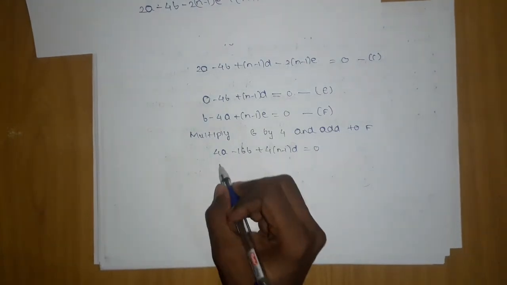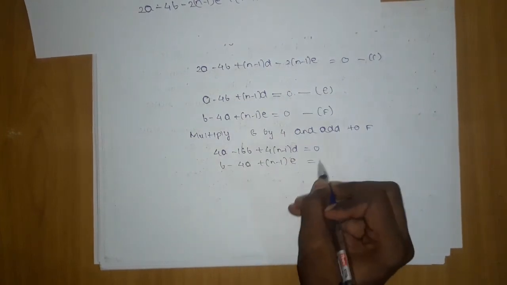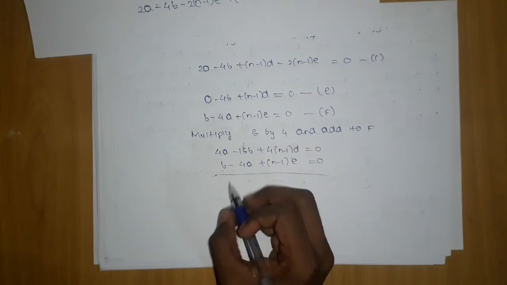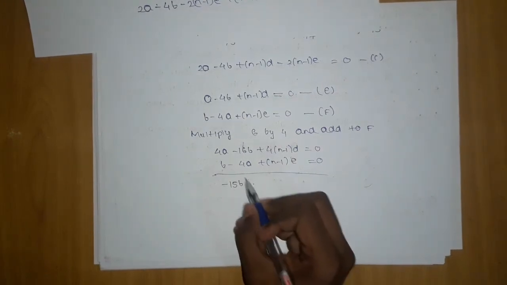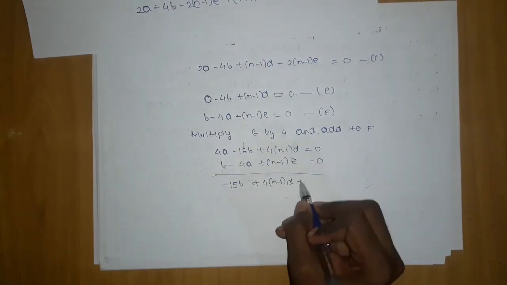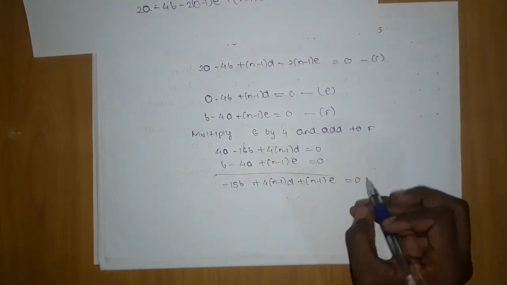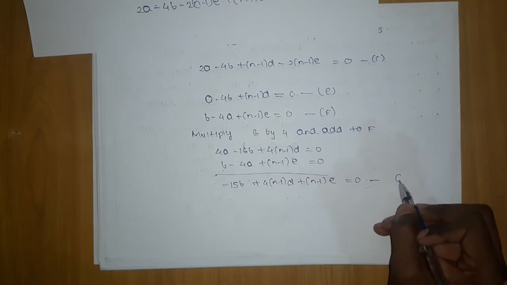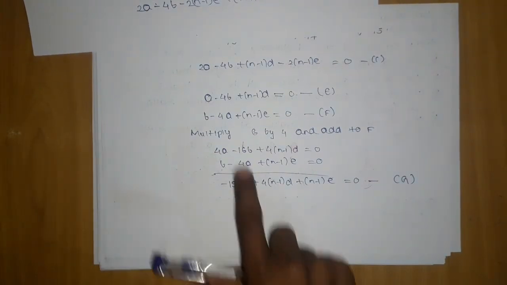And b minus 4a plus (n minus 1) into e added on, giving minus 15b, a will cancel out, giving me 4(n minus 1) into d plus (n minus 1) into e equals 0. So this is my new equation, the g equation.